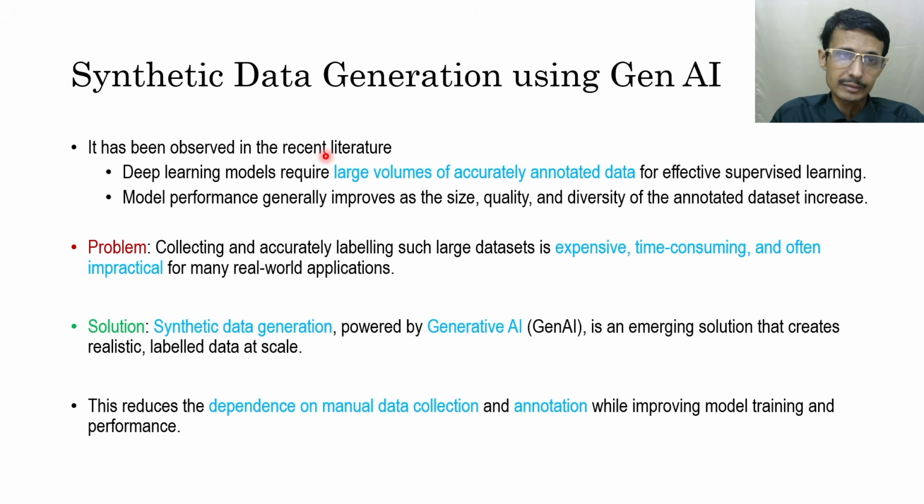The model performance basically depends on the size, quality and diversity of the annotated data set. And if it is increased, definitely the model performance increases. But then what is the problem? The problem is collecting and accurately labeling such a large data set is very expensive.